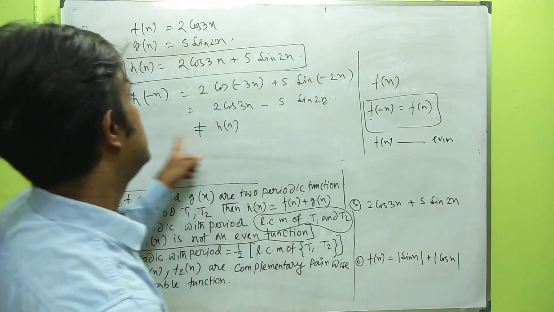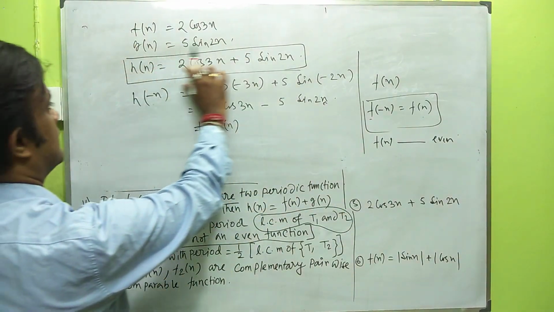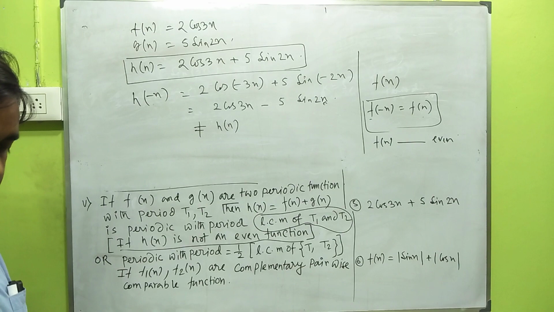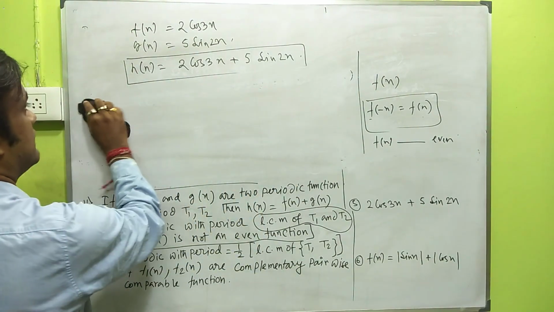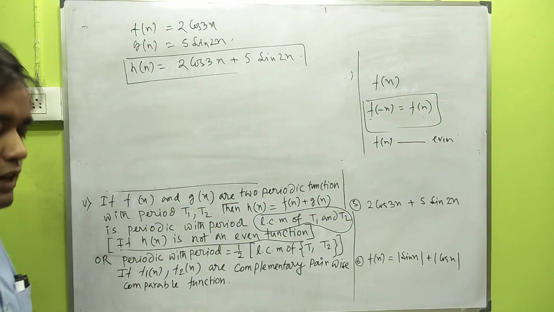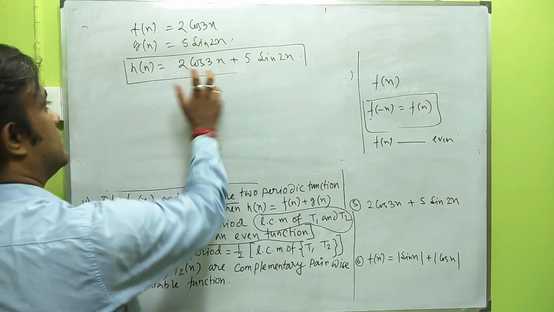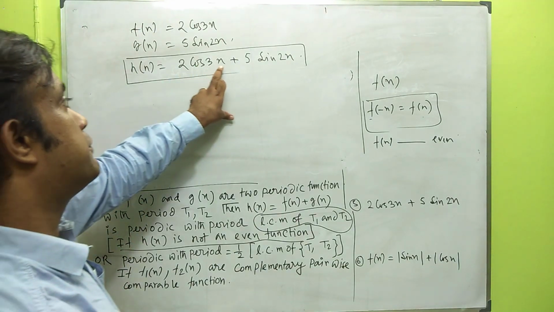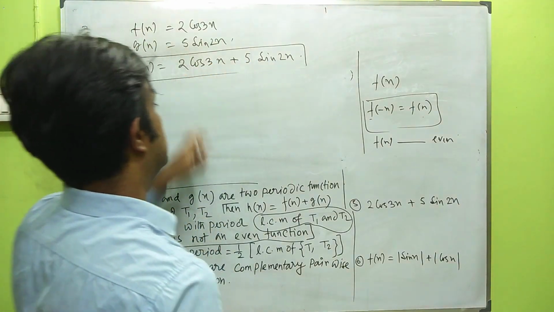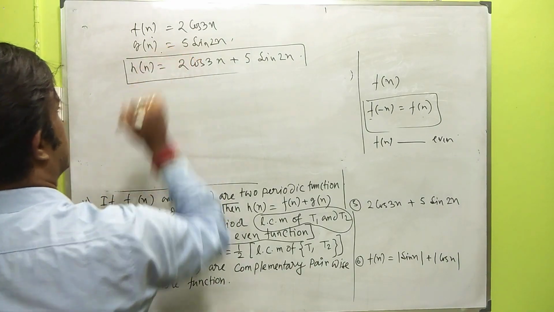So here we observe that this function is not an even function. Then if h(x) is not an even function, how do we calculate the period of this function? First, we have to calculate the period of these two functions, that is f(x) and g(x).